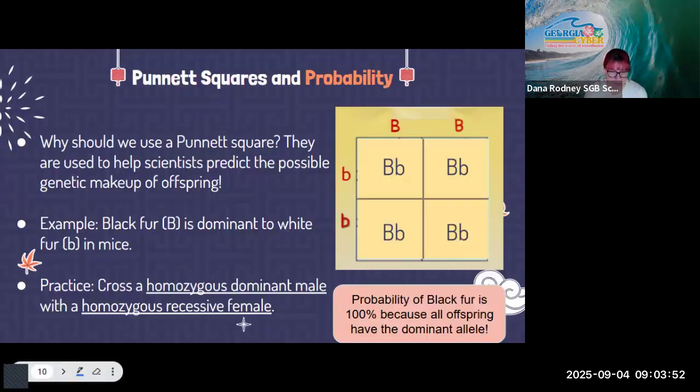So you can see here, this is the Punnett square listed out a little bit neater. It is a 100% chance because every single offspring possibility has a dominant allele. That's because this parent up here can only give the dominant allele, which means no matter what the other parent gives, there's at least one, which means that it's going to express the dominant trait.